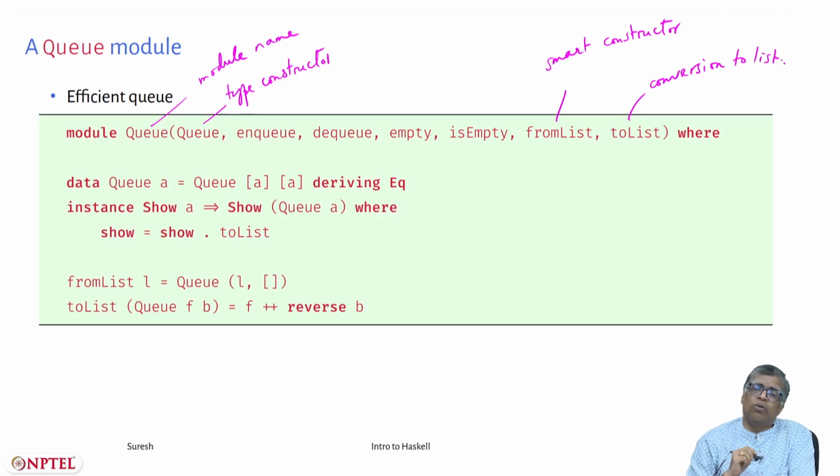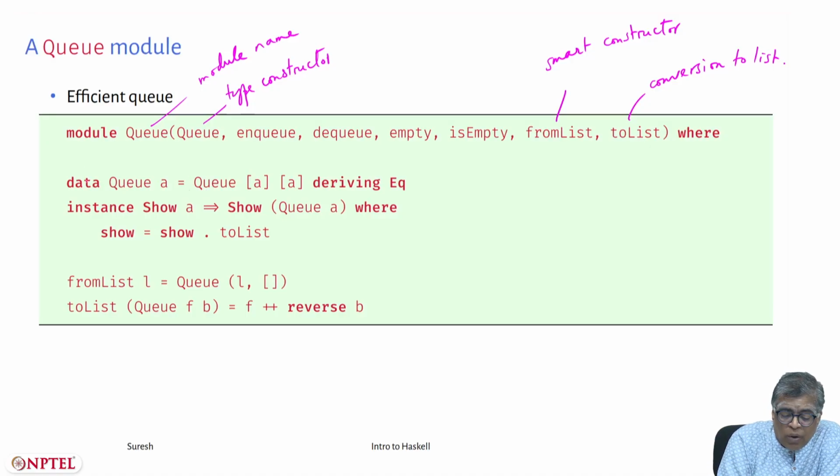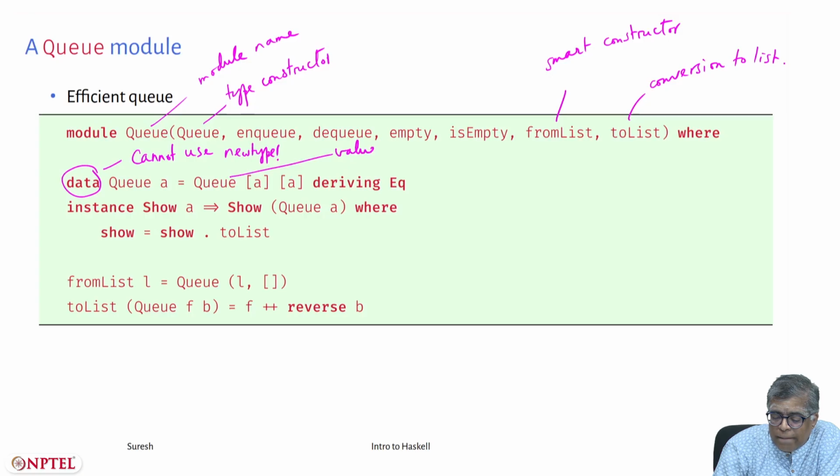Okay, good. So now how do I do this? Now for my constructor, I cannot use newtype. Why? Because it is a single value constructor but it has two arguments.